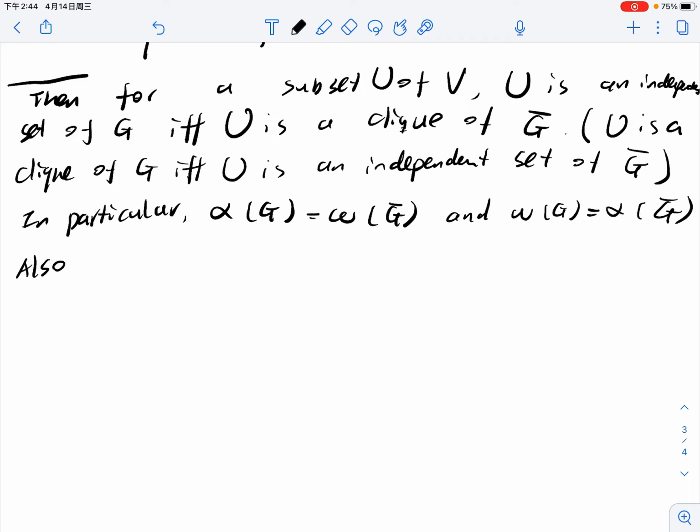And also, we can formulate the previous theorem, that the chromatic number is greater than or equal to the order of a complete subgraph in the graph. So we have chi G, the chromatic number, is at least omega G.